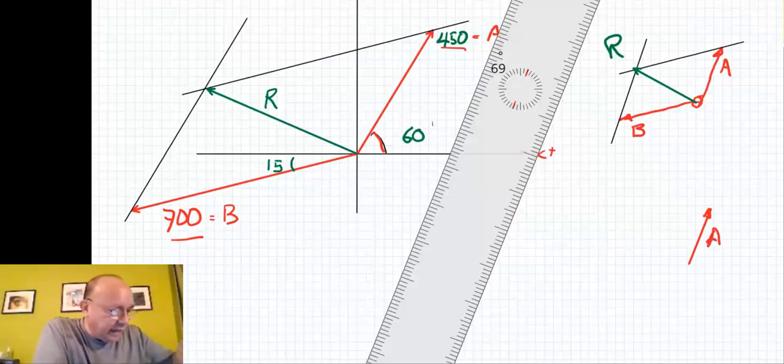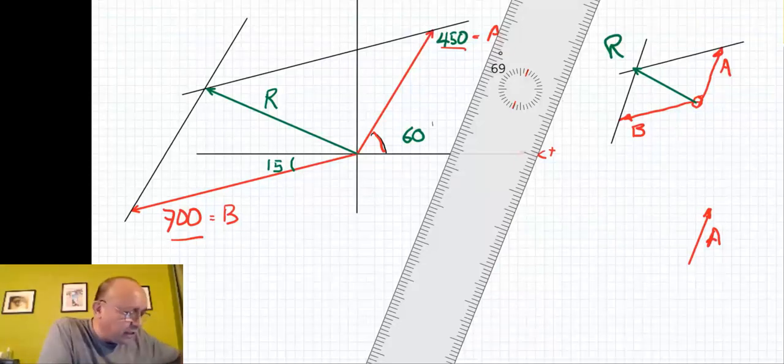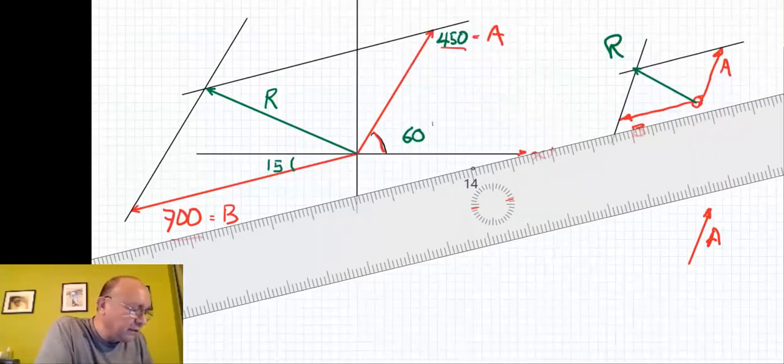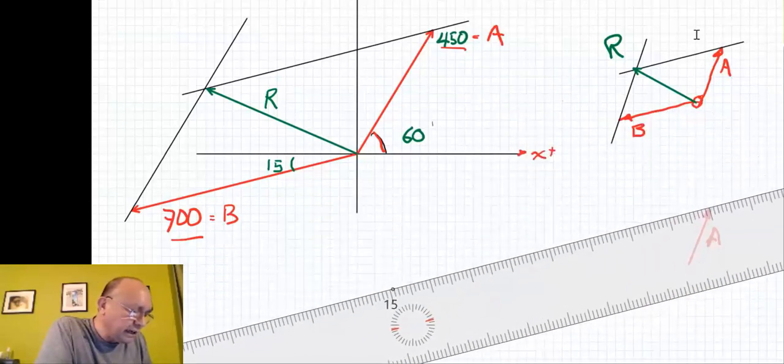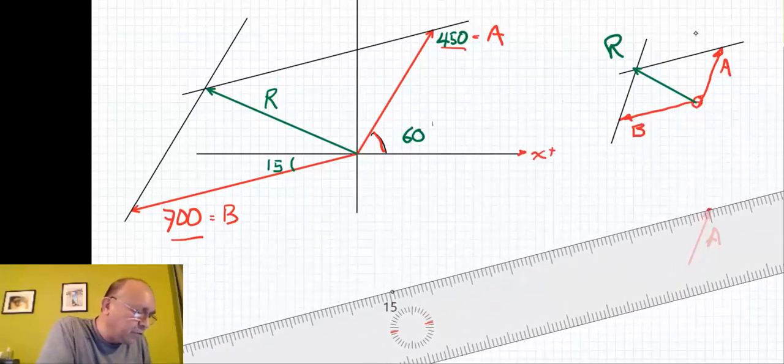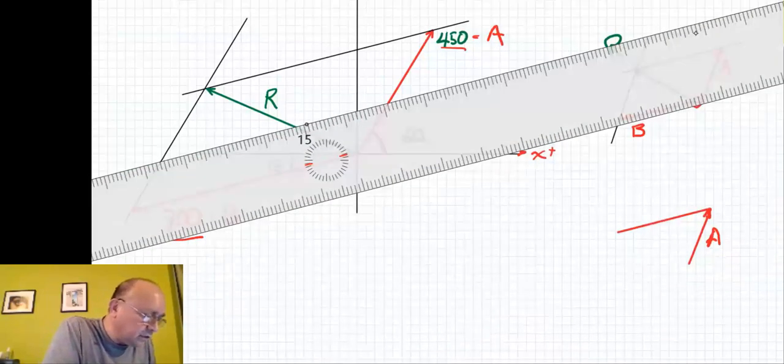It means at the head of A, you put the tail of B. So this would be B here, and then at the head of A, I put the tail of B, and I draw B like that. So this will be vector B.